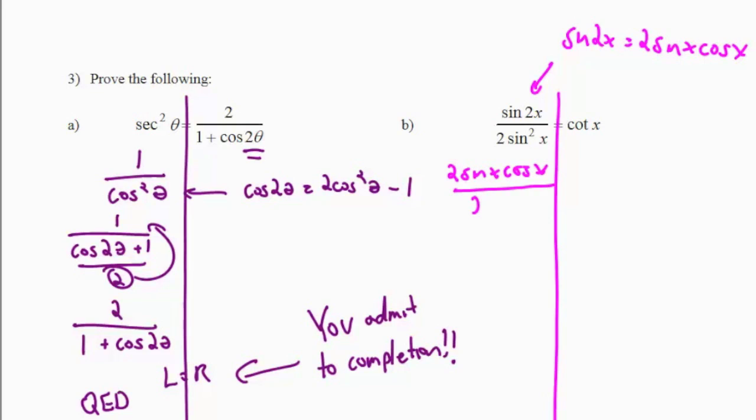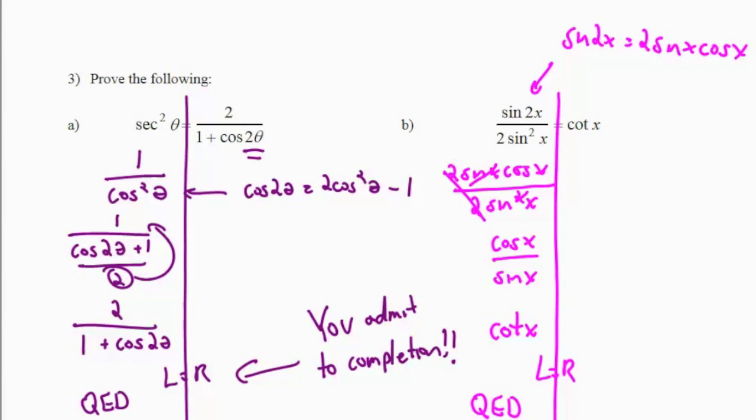So plug that in. 2 sine x cos x, over 2 sine squared of x. 2's cancel, 1 sine cancels, and what are we left with? Cosine of x over sine of x, which obviously, hopefully at this point, you realize is equal to cotangent of x, piece of cake, left equals right, QED.